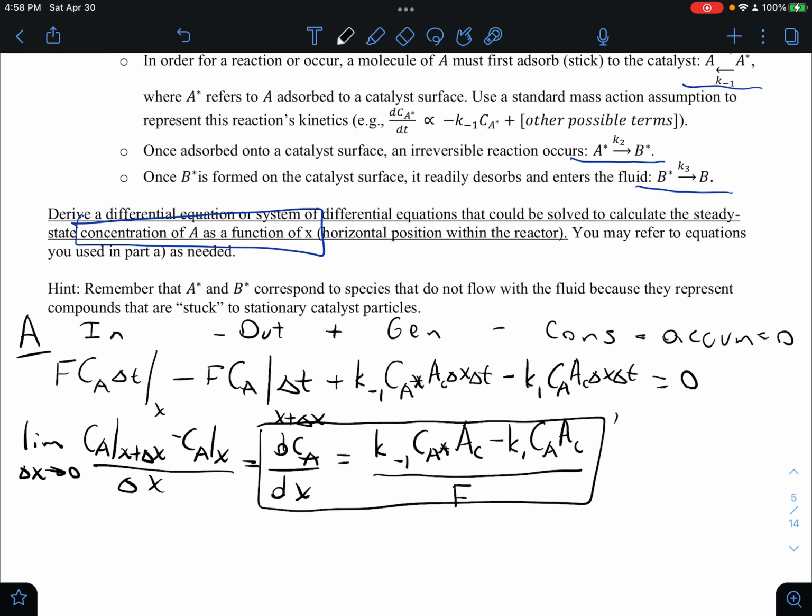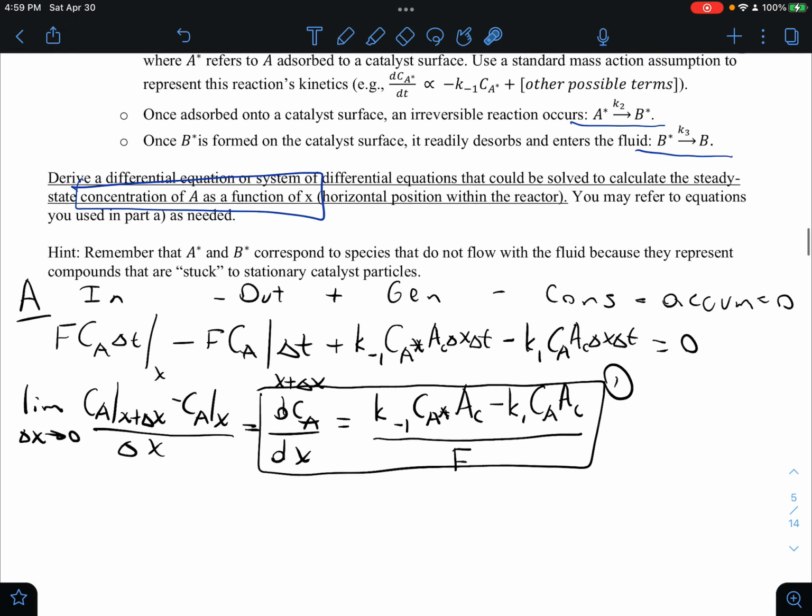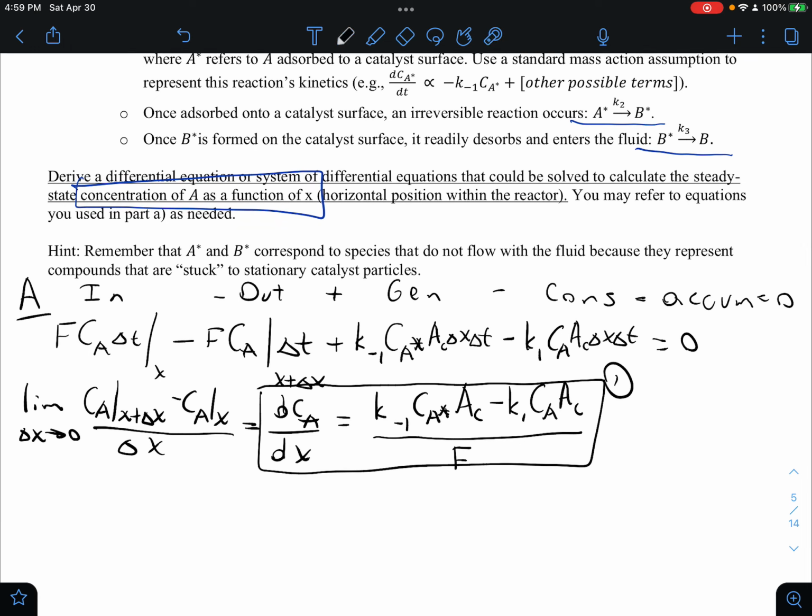I'm going to just put a box around it and label it equation 1. Notice it's not sufficient because it's depending on C_A*, which is going to depend on x.